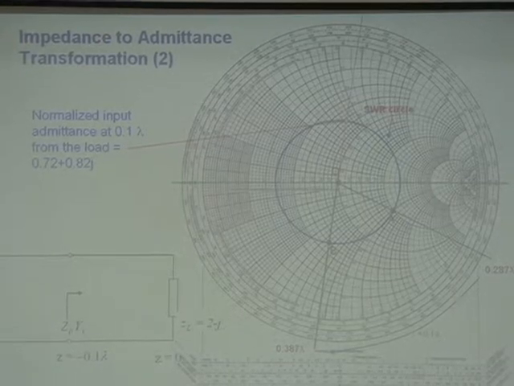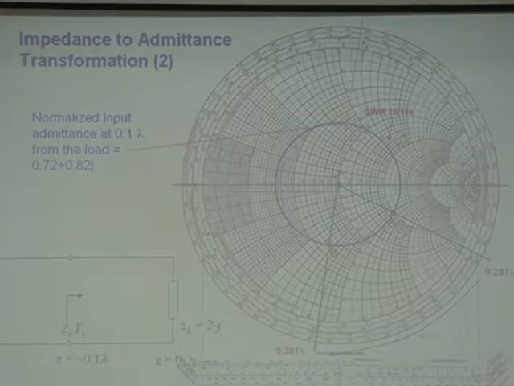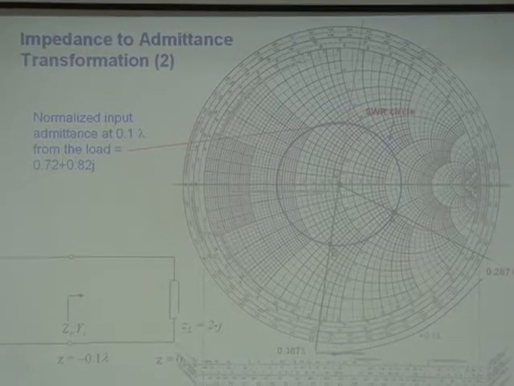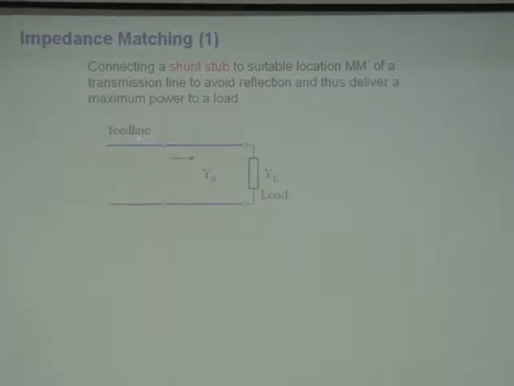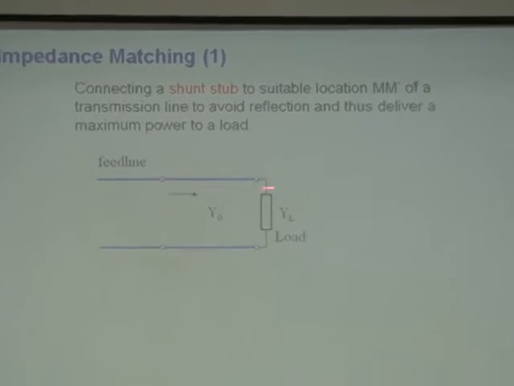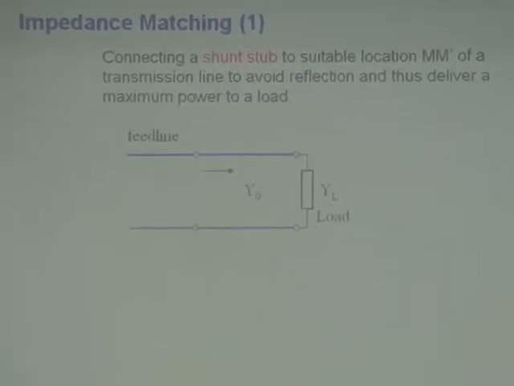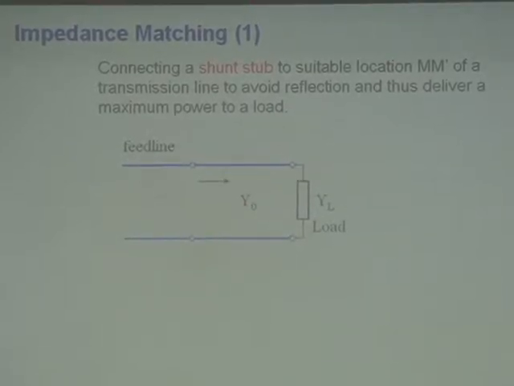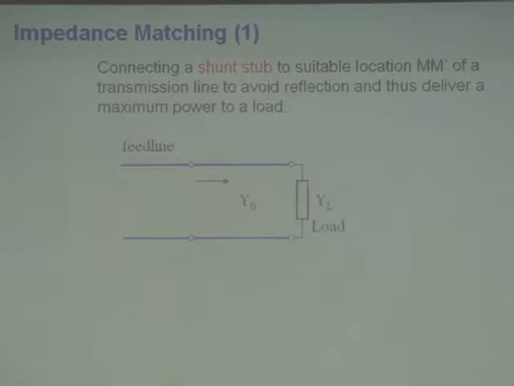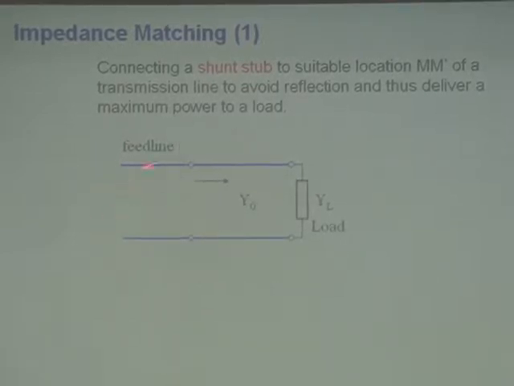Okay, there's a reason to deal with the admittance because very often you want to have impedance matching for a transmission line. So let me give you one example. Okay, usually if you put some arbitrary load onto a transmission line, there will be reflection of power, and that is something you don't want because the energy efficiency is going to be reduced if you have reflection from this transmission line.